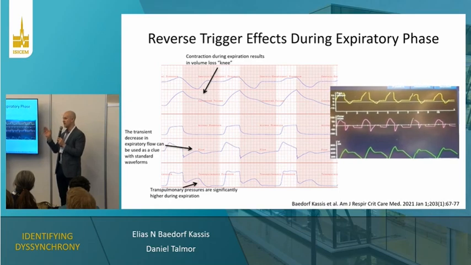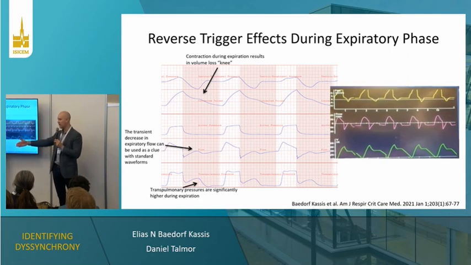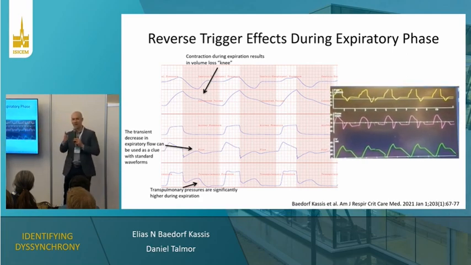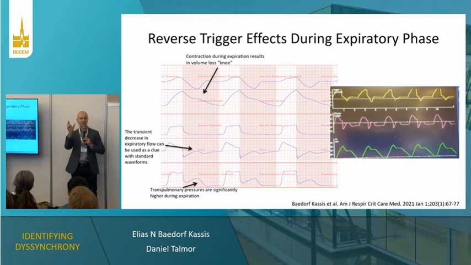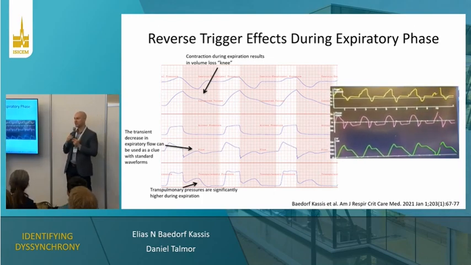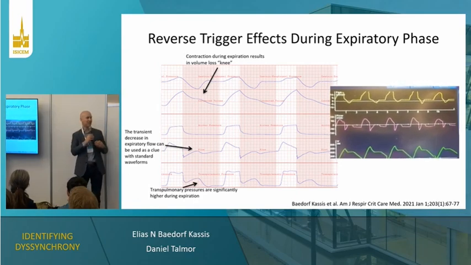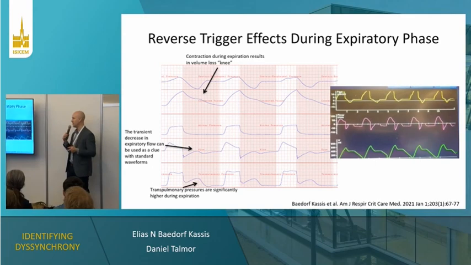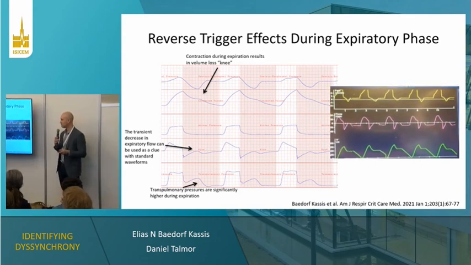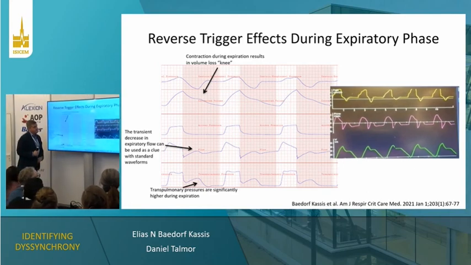Mistriggering is an active breathing process, and you'll typically see it with much more spontaneous breathing efforts as well. So if you're seeing this without any other spontaneous efforts, and you're seeing consistent ventilator-triggered breaths initially, then it's unlikely that this is mistriggering in the classic sense from a spontaneously breathing patient who's just not able to trigger the ventilator. And you can see it here. It's essentially completely regular.